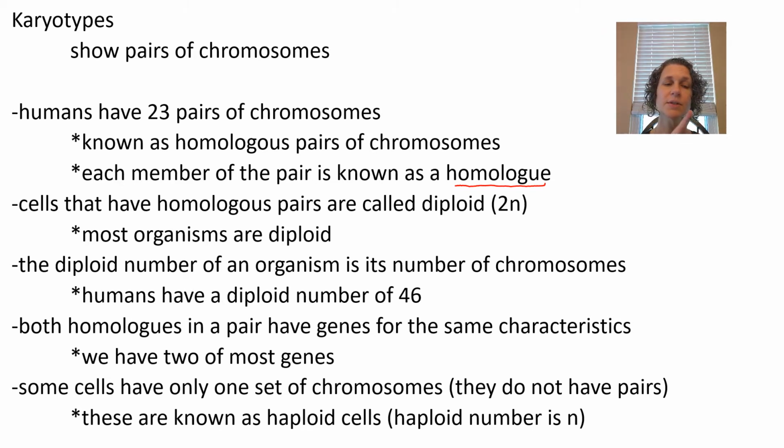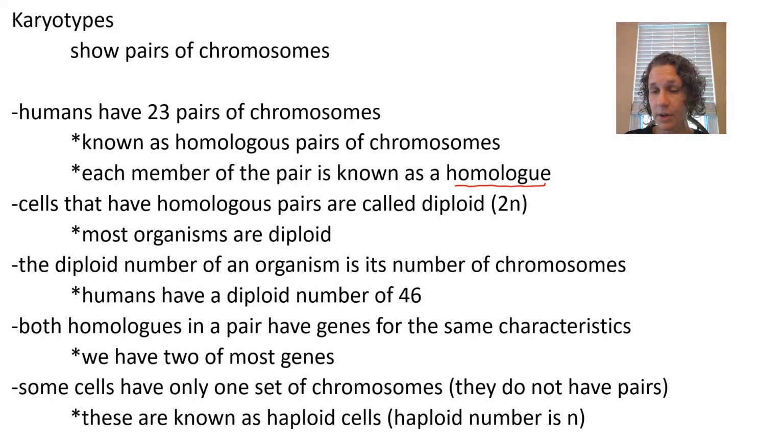And in those homologs, in the pairs, they have genes for the same characteristics. So we have two of most genes. Again, there's some differences there, but you got a gene for hair color from your mom and from your dad. And sometimes you just see one or the other, and you carry the gene for the other hair color, but it's not there.